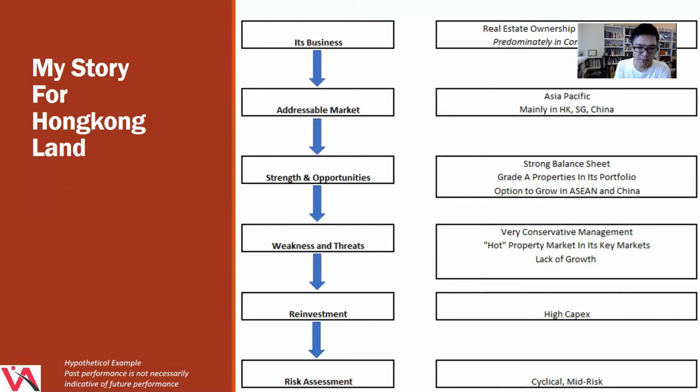But looking at the flip side, the weakness and threat, the company also has some weakness and threat. And the main weakness is it has a very conservative management. As we said before, this company is part of the Jardine Matheson Group, and being a family business that has been around for 100 years, they tend to be more conservative, and that is why you see the strong balance sheet and minimum use of debt.